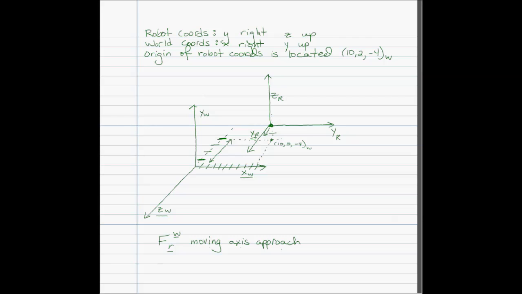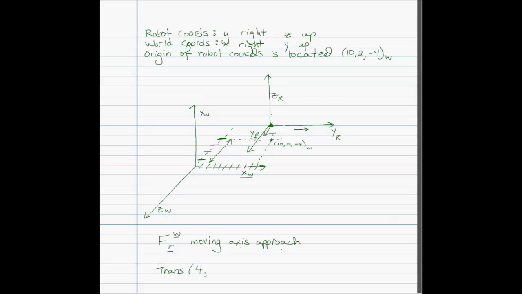So I'm going to do a translation, and we're going to do the x, y, and z translations all in one translation step. So I'm going to translate 4 in the x direction, right? The y direction for the robot coordinate frame is heading horizontally off to the right.